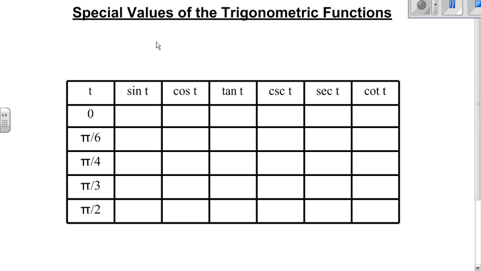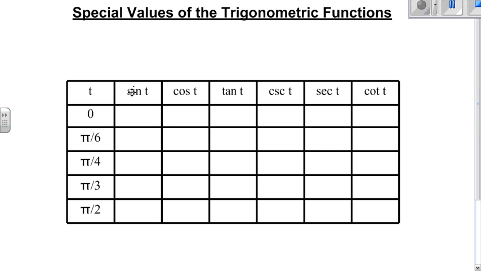Now, you should be able to fill in a chart like this in addition to a unit circle. This you can do entirely using the left-hand trick. Just remember 0 matches up with your pinky, pi over 6 with your ring finger, pi over 4 with your middle finger, pi over 3 with your pointer, and pi over 2 with your thumb.